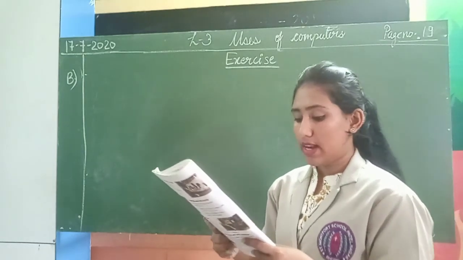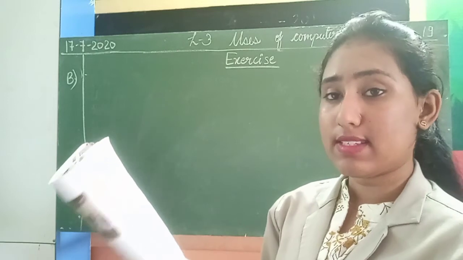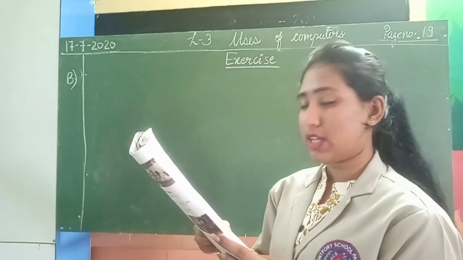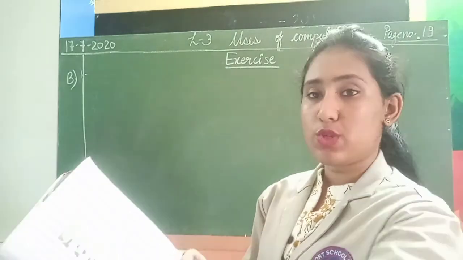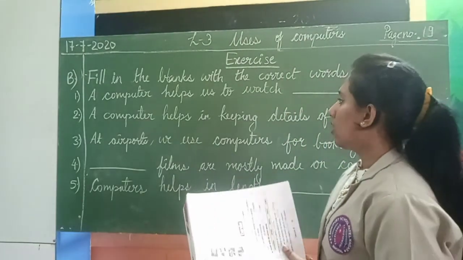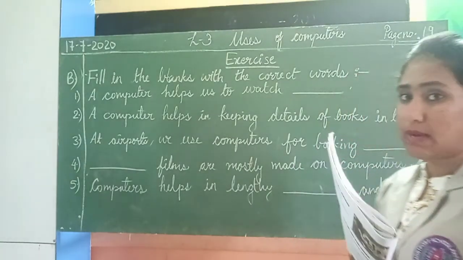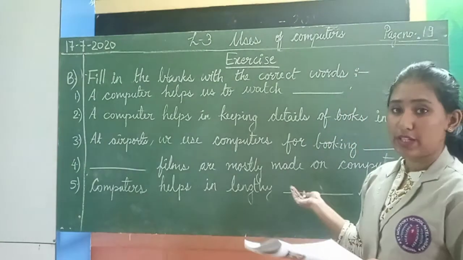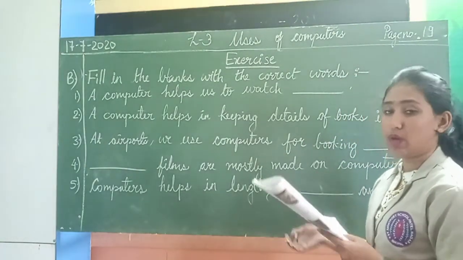Okay. So I'll write down the questions first, then we'll do the answers. Then I'll ask you the answers. Okay. So now question number B, fill in the blanks. I have written the questions. Now we will find out the correct answers.